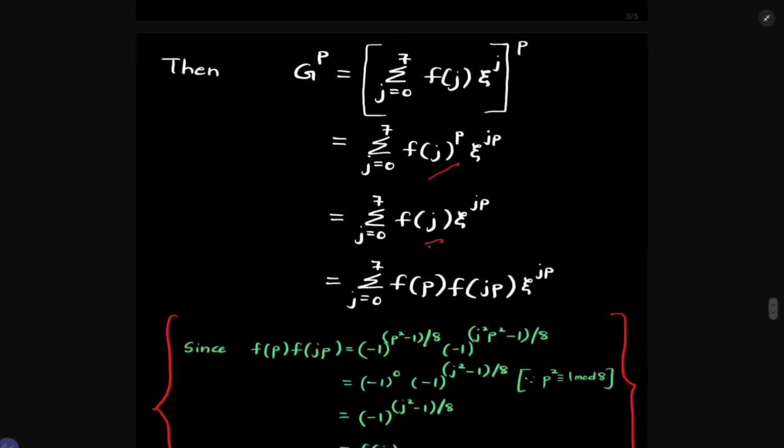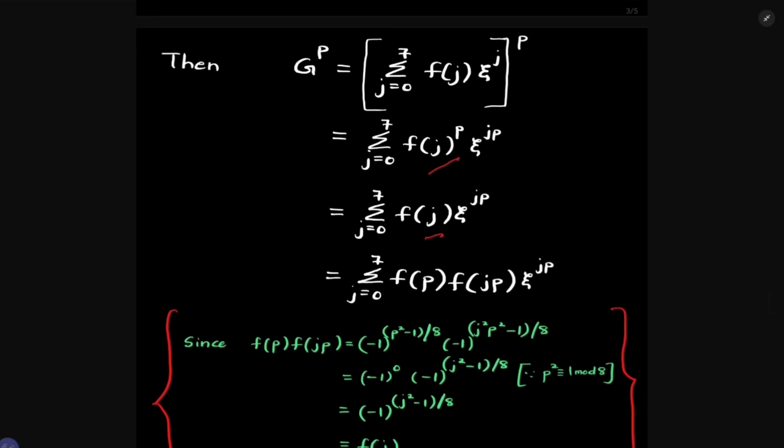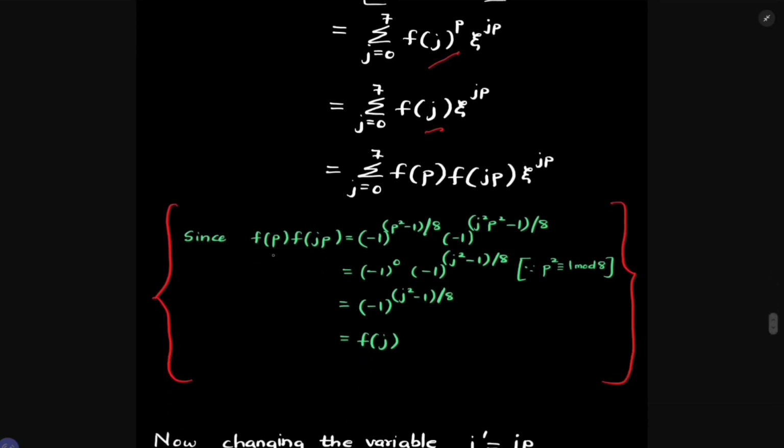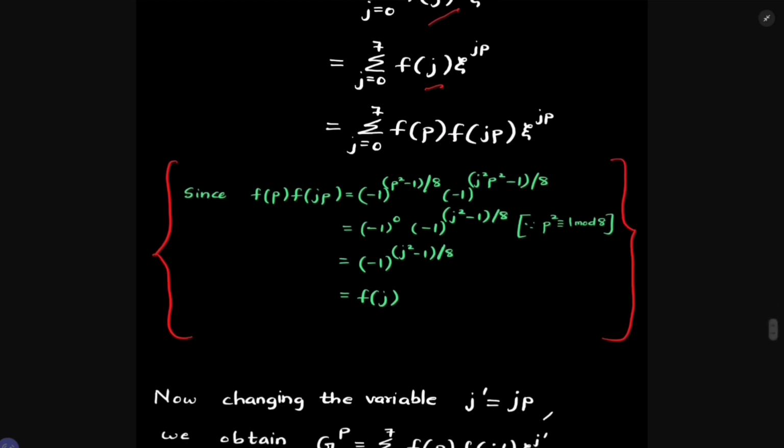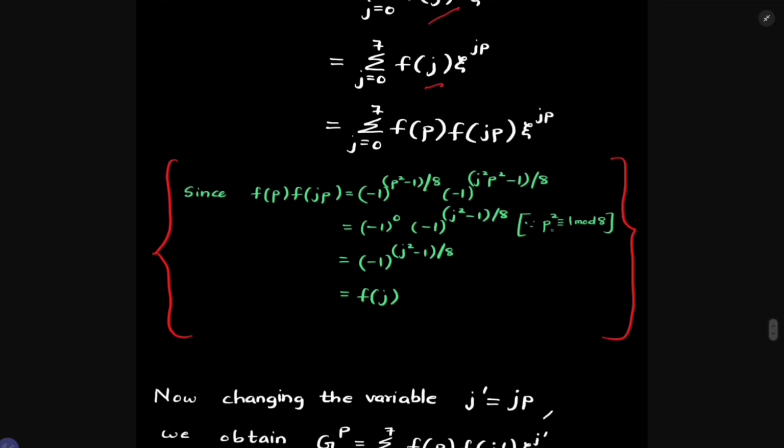jp. Now I am writing f of j as f of p into f of jp. Why? Because what is f of p into f of jp? By definition, it is minus 1 the whole raised to p square minus 1 by 8 into, what is f of jp? Minus 1 the whole raised to j square p square minus 1 by 8. Now, initially we saw that p square is congruent to 1 mod 8 for any odd prime p.